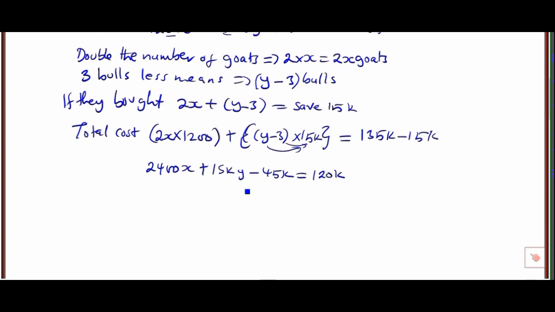If I simplify further, this one crosses to the other side, so that I have x and y on my left hand side of the equal sign, and I shall have 2400x plus 15,000y is equal to, when negative 45k crosses and becomes a plus, adding 45k to 120k, you shall get 165,000.